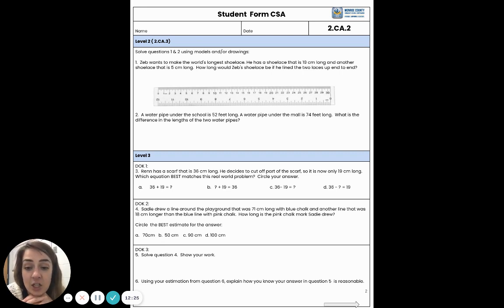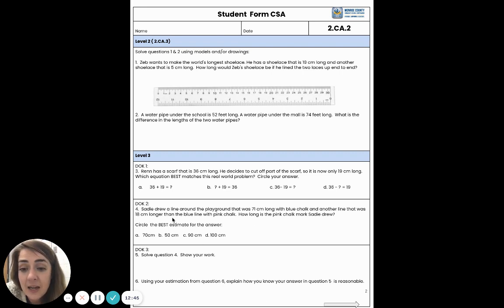Using your estimation from question 6, I think they meant question 4, explain how you know your answer in question 5 is reasonable. All right, so what does that mean? Using your estimation from question 6, it should say question 4, right?